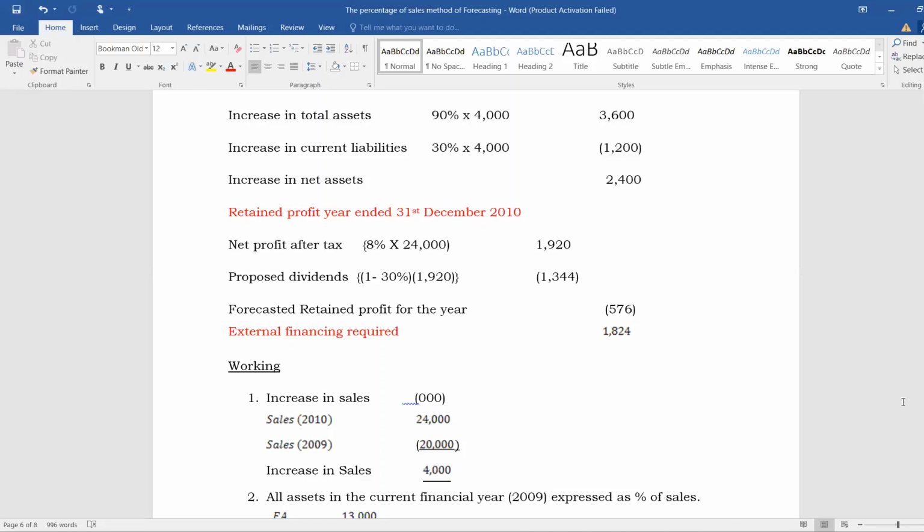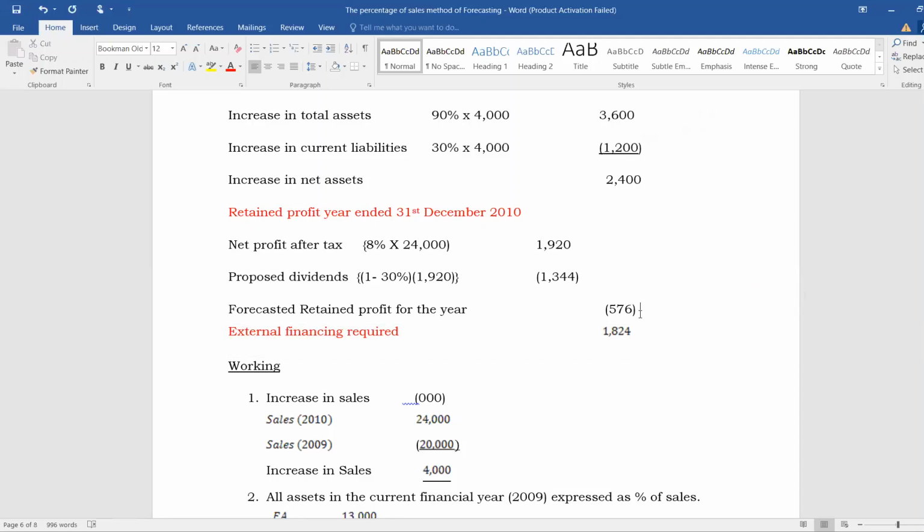So is there any shortfall again? How much more are they looking for? If they wanted 2.4 million and they retained 576, I can finance this increase in assets. So what shortfall is there now?